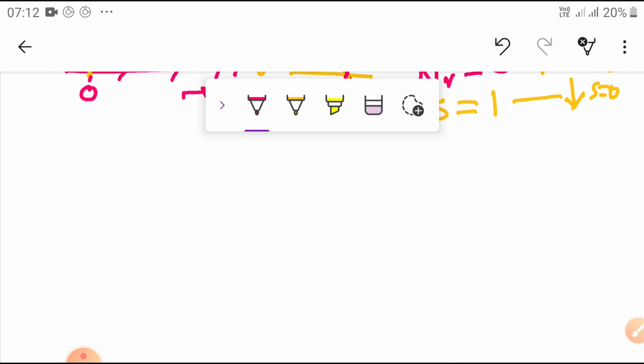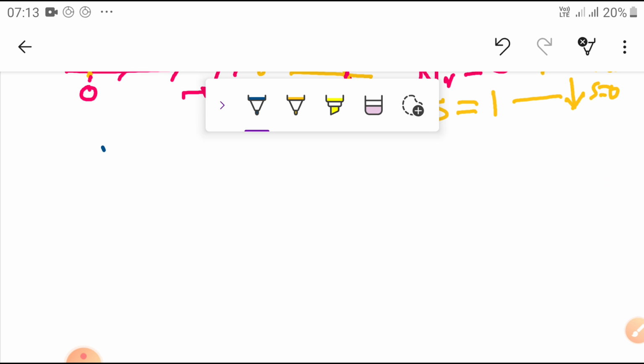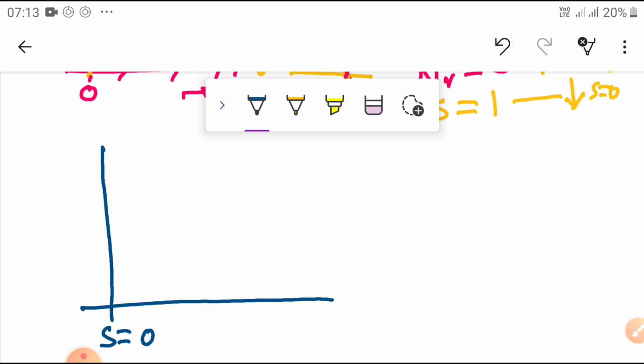So what has happened here? Here you take it, for example, in this case you can take the slip. S is equal to 0, that is, high speed equal to synchronous speed.